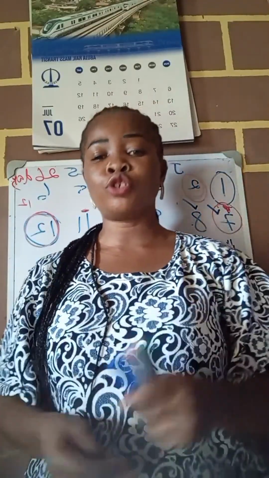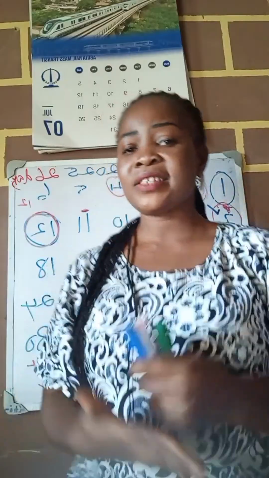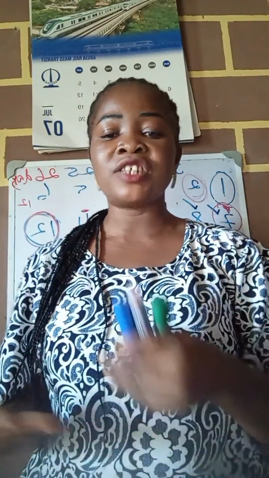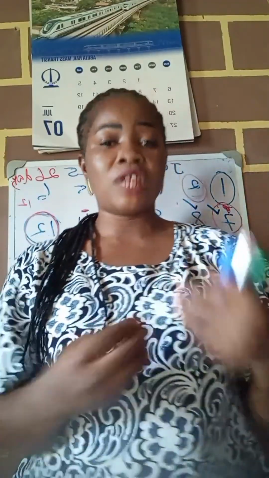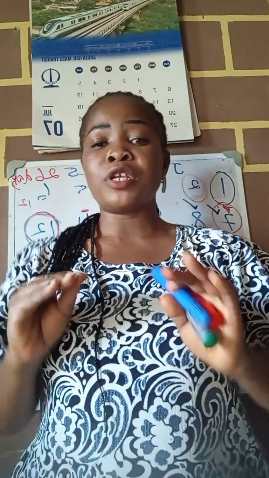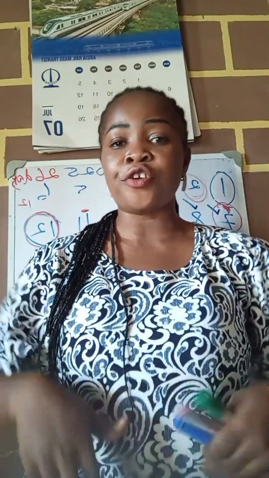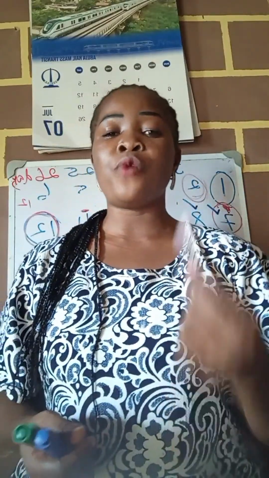But one thing you should also know is that, as I said earlier, your ovulation might shift a bit. It can shift 2 days before or 2 days after the expected day. So to be sure that you are ovulating or your body has already released an egg, use ovulation test strips. Ovulation test strips will help you.